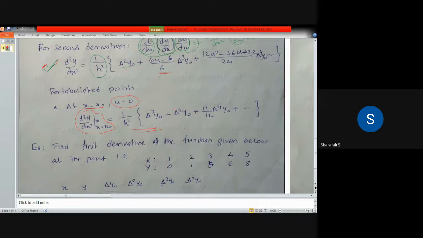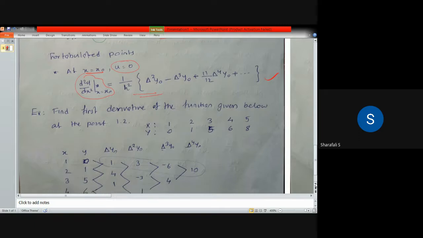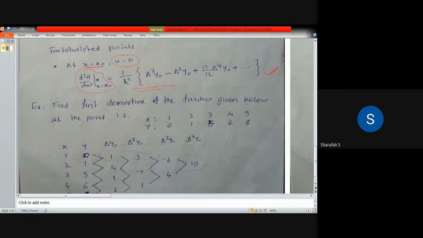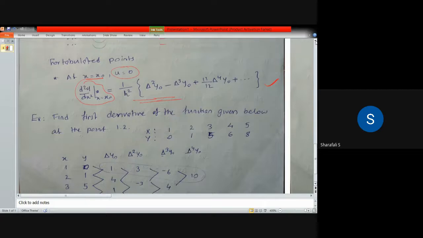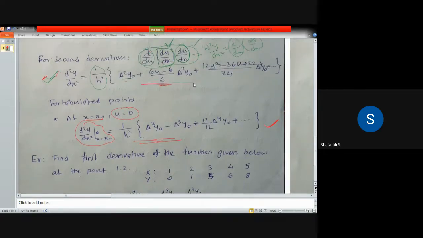You can just take d by du of dy by dx, that we calculated for the x equal to x0 point in the case of tabulated points. So then you will get this equation for the tabulated case, for points which are available in the table directly. In general, you can use this particular equation to find the second derivative of the given function at any point.